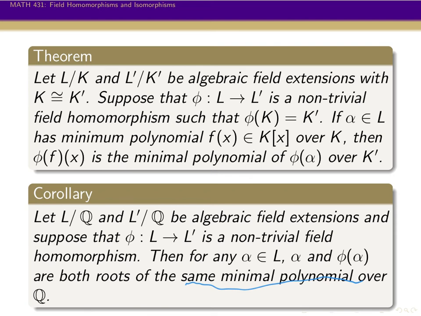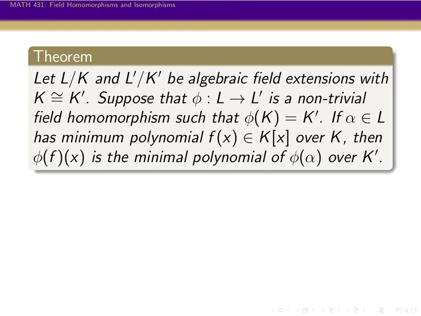So the fancy way of saying that is that any homomorphism from a field over Q is going to fix Q. The elements of Q are going to be sent to the same place. And so that means that minimal polynomials over Q are going to be sent to the same minimal polynomial.